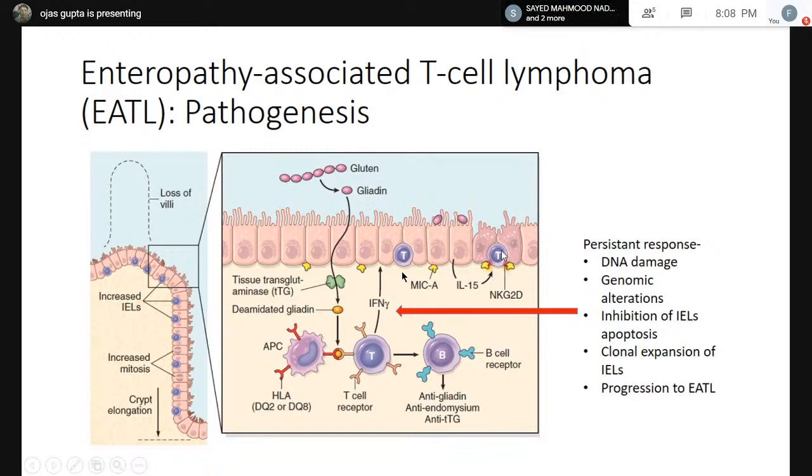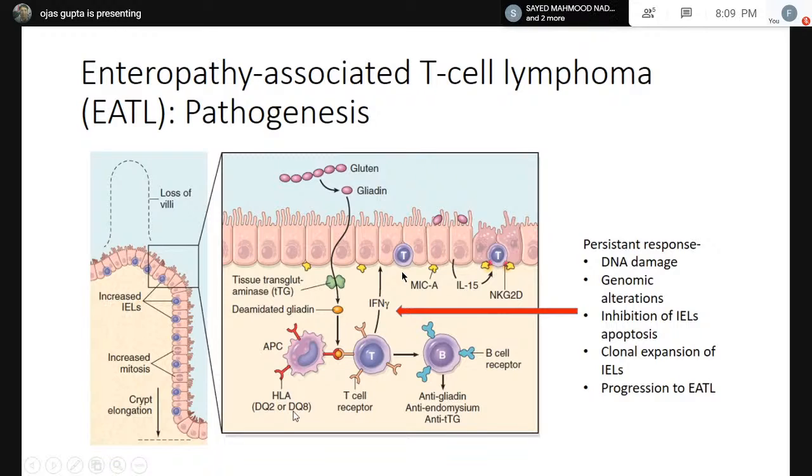This will cause the destruction of the enterocytes by these intraepithelial lymphocytes, that is cytotoxic T cells. After the destruction of these enterocytes, the gliadin will move to the lamina propria, and with the help of tissue transglutaminase, these gliadin will form deaminated gliadin.